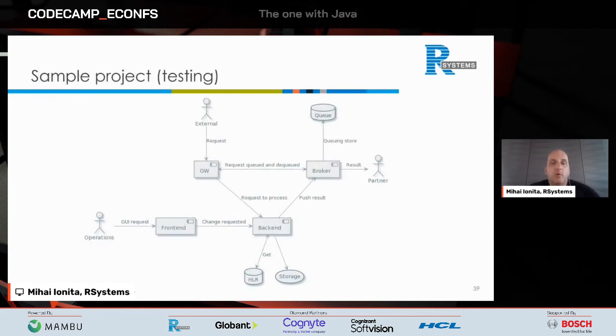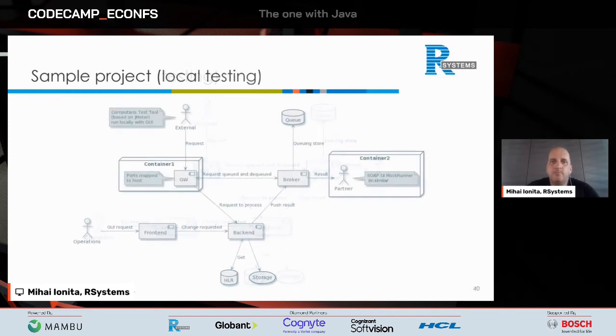So going back to our sample project, now that we have seen the pipeline, let's go back and discuss how we can test it using some sample tools, so locally and remotely. Locally, we have a nice graphical user interface for JMeter, so see the top of the slide.